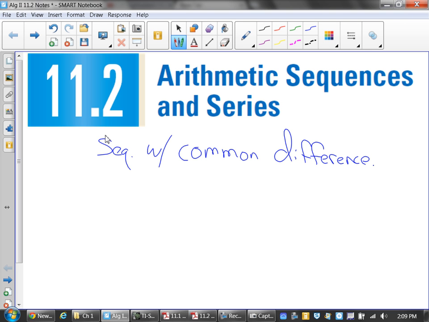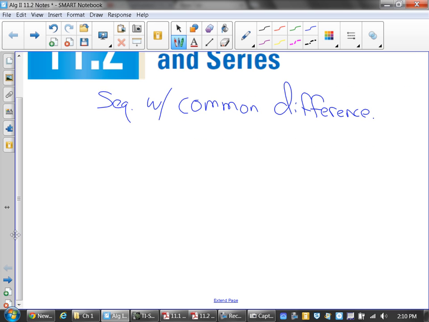Now, when I say common difference, that doesn't mean it has to be subtraction. It could be adding and it could be subtracting, as long as it's the same amount each and every time. And what's nice about these arithmetic sequences is they all have the same basic generic equation. They all have this thing called the nth term, written a sub n.